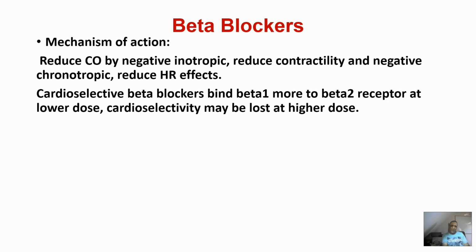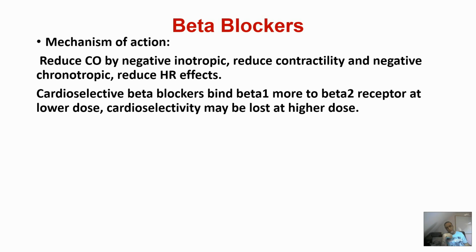But at first I will explain the beta blocker types, and before that I start by explaining beta receptors. We have three types of beta receptors: beta 1, beta 2, and beta 3.